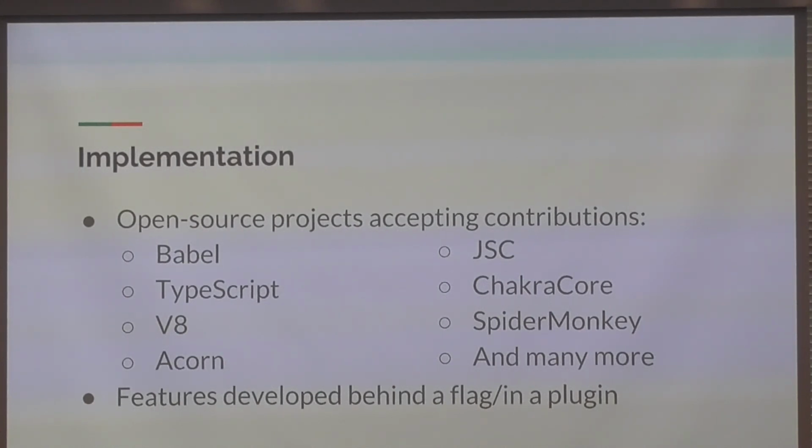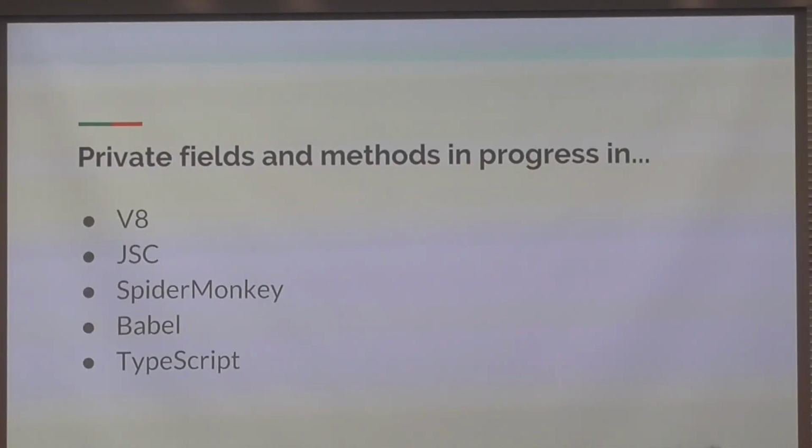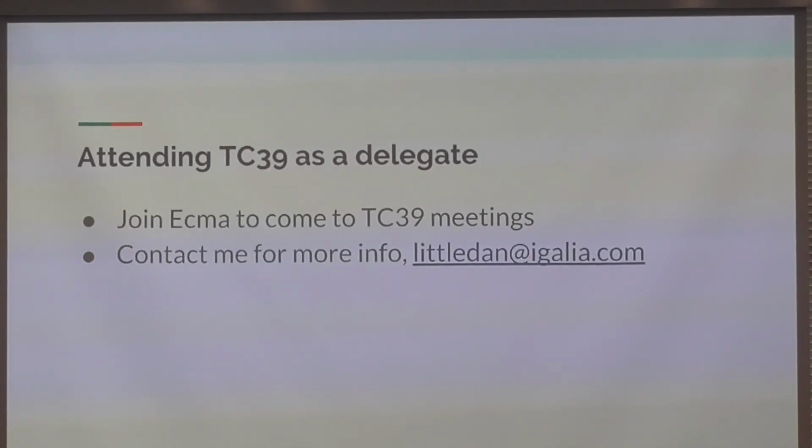So these projects are all happy to take pull requests from contributors, and they're very friendly. Private fields and methods are currently in progress in V8, JavaScriptCore, and SpiderMonkey, as well as Babel and TypeScript. But it's something that if you want to get involved, you can work on.